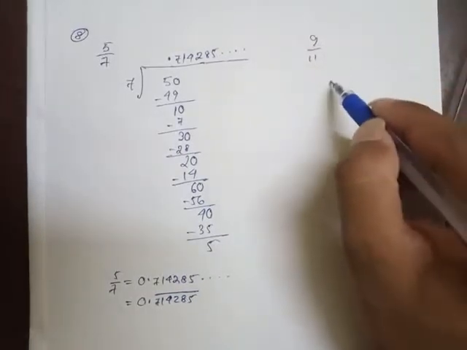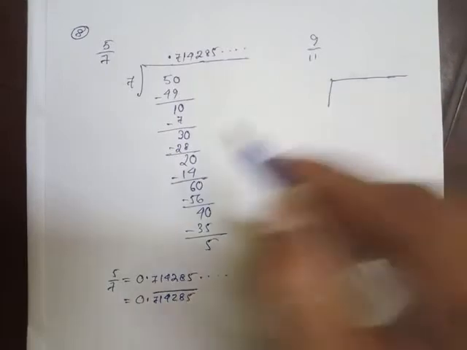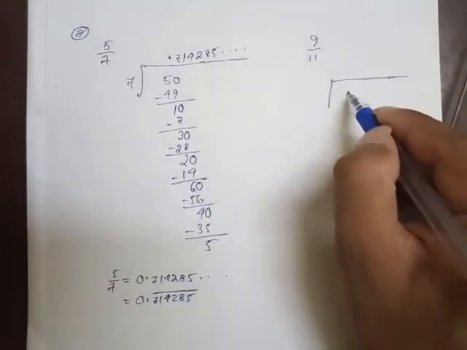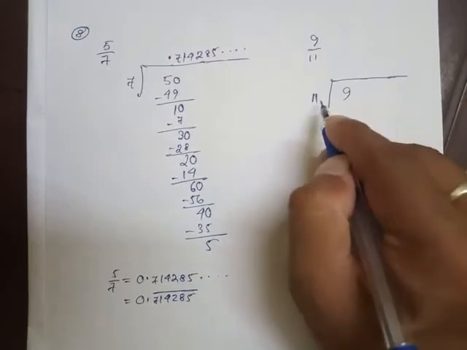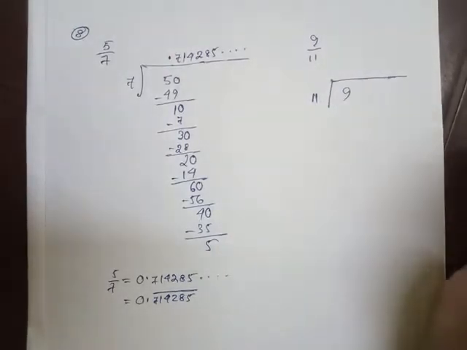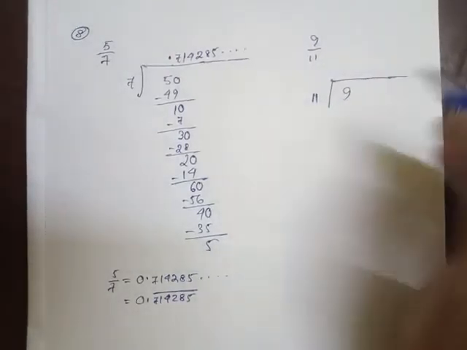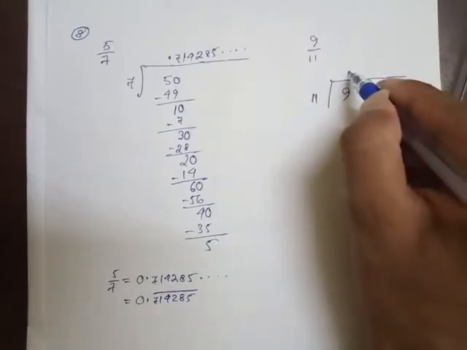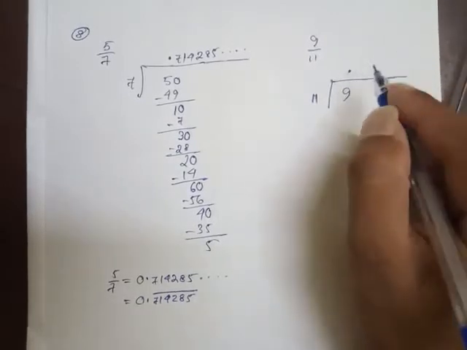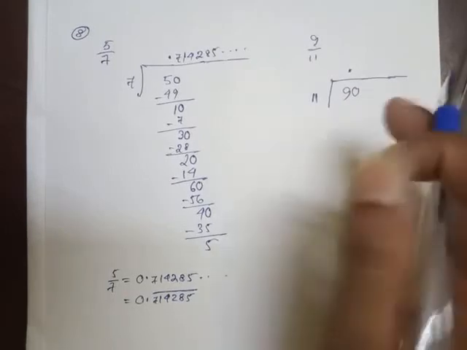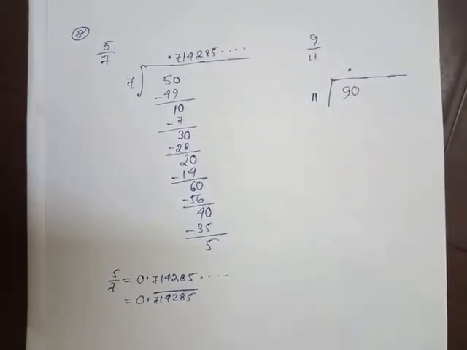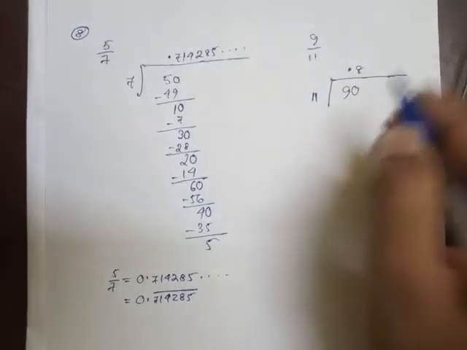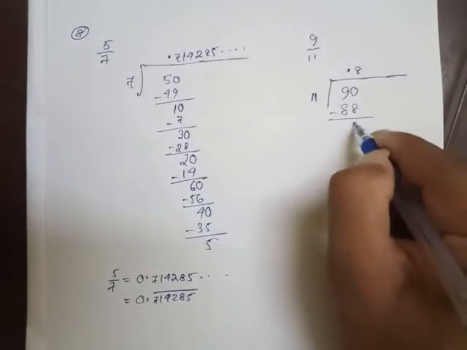Now again we'll go for the long division here also, like earlier. 9 divided by 11. Now look here, 9 is less than 11, so this will not divide by 11, so we'll put one decimal point here. If we put one decimal point, there will be 0. Then 90 can be divided by 11, so the answer would be 8, 8 11s are 88. Now remainder is 2.